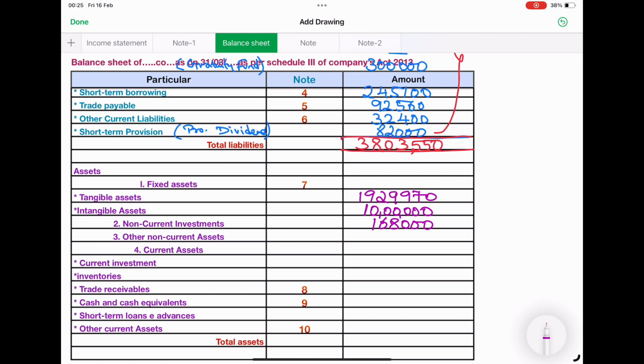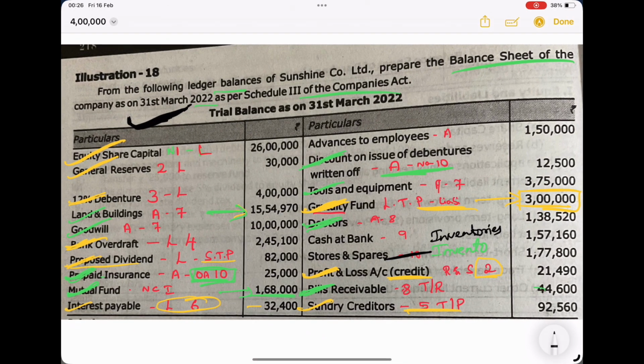Here we have to write the advances given to employees. The value is 1,50,000. Okay, this one is now completed.